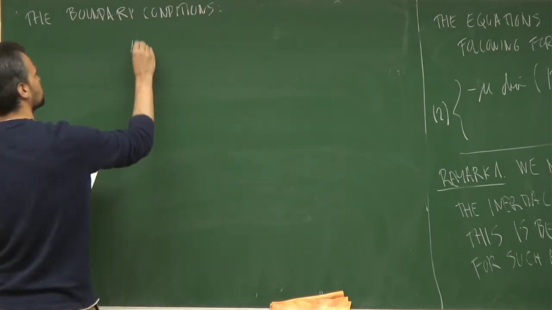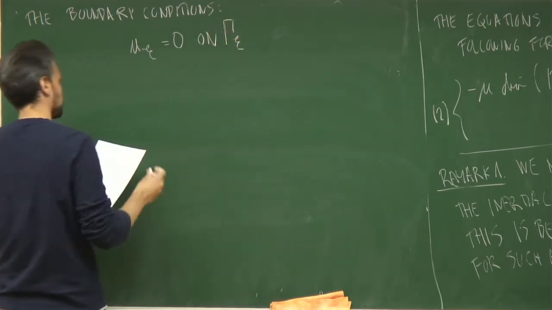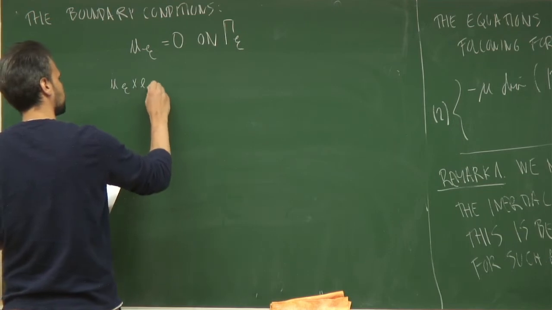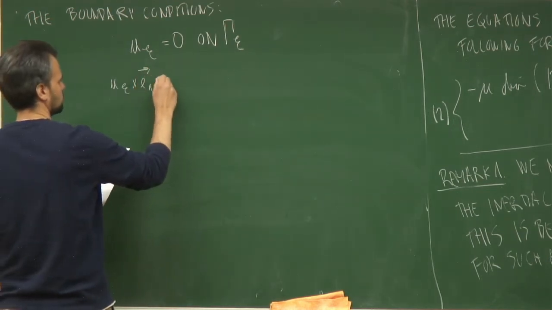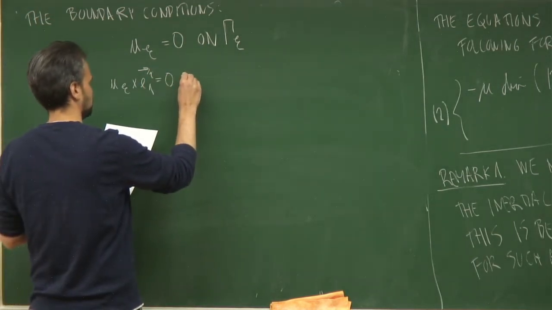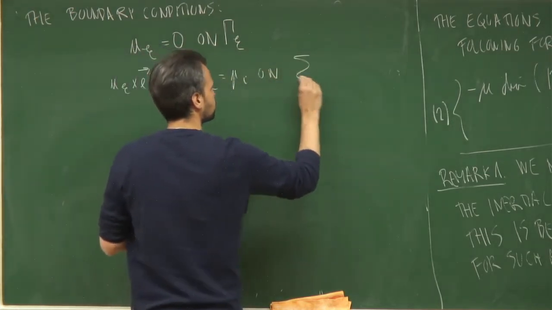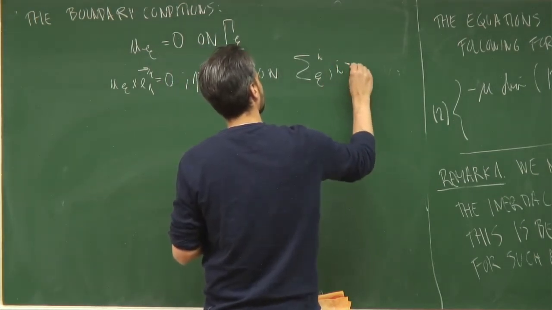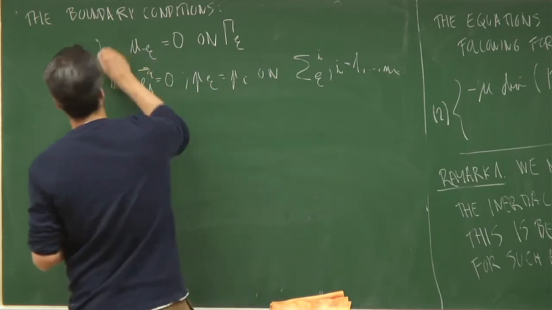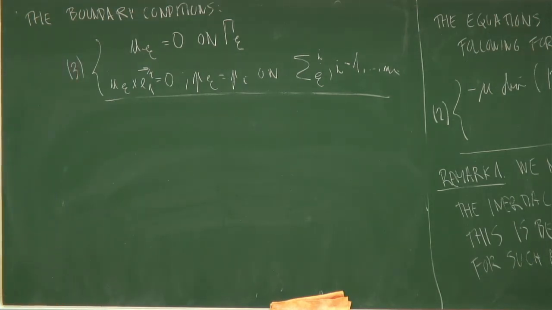So the boundary conditions is U epsilon equals to 0 on the lateral boundary, U epsilon is in the direction E1, and P epsilon is Pi on gamma epsilon I. Okay, so this is the setting of the problem, and let's try to see what happens.